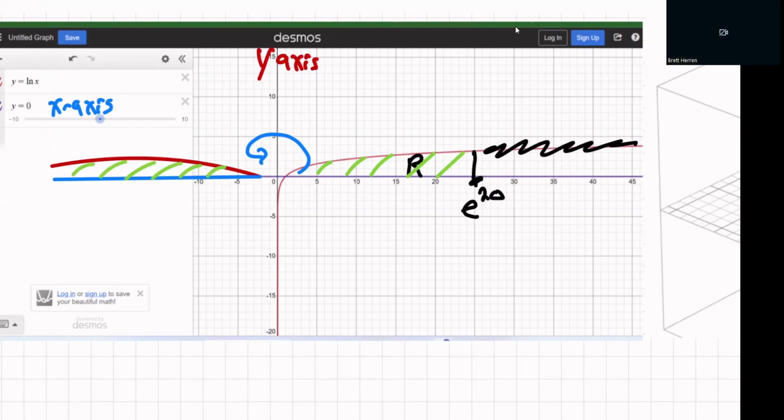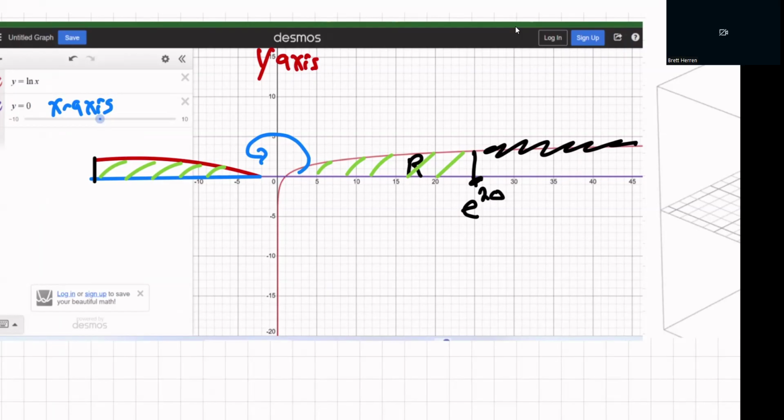I shouldn't have made that come down, but whatever, good enough. Actually, I probably should have just stopped it right over here. Here's the stopping point. I know it doesn't look perfect, but that's what it's going to do. It's going to rotate like that, making a three-dimensional frisbee kind of shape. I want to set up the integral to find the volume of that shape.